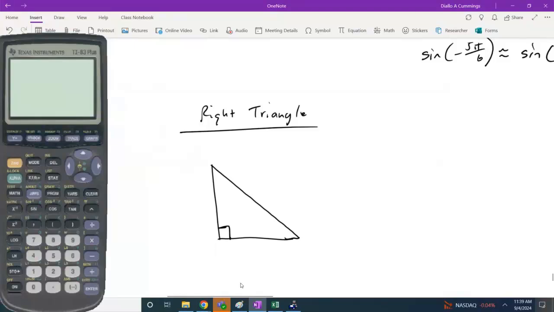There is something called standard labeling of a triangle. And this is standard labeling. All of the angle measures have capital letters.